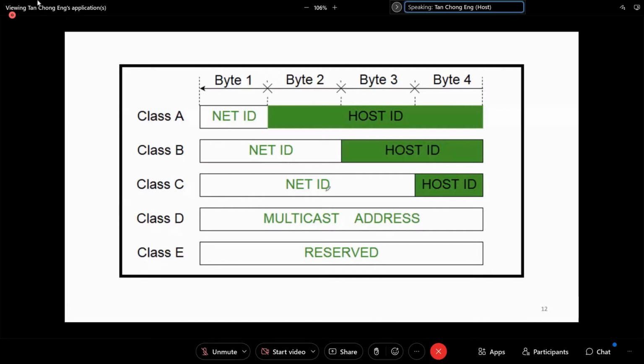Class C is the one you use when you have, imagine, your home Unifi router, which is definitely running on class C. This is a private network that you are creating, with a maximum of 254 computers in your network.